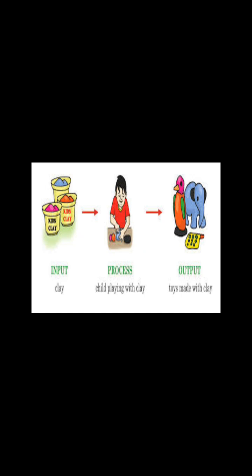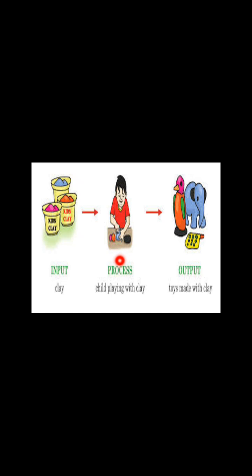Okay, now let's explain this by taking one example. See, here a child is playing with clay. Fine. So the input is clay. Now the child is molding the clay.